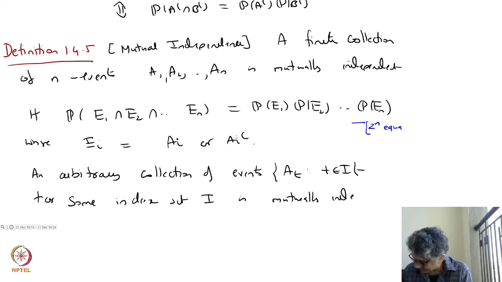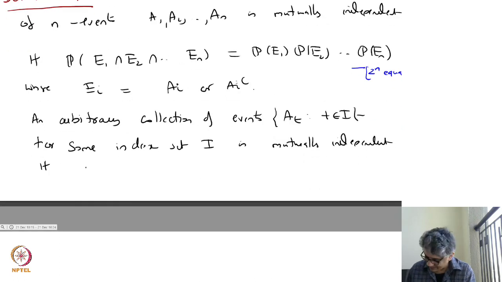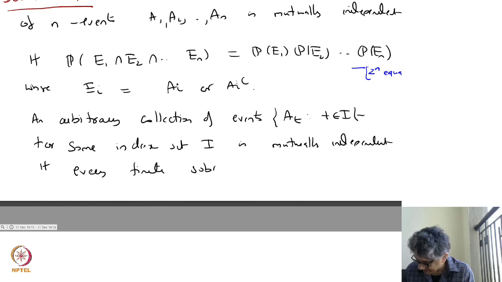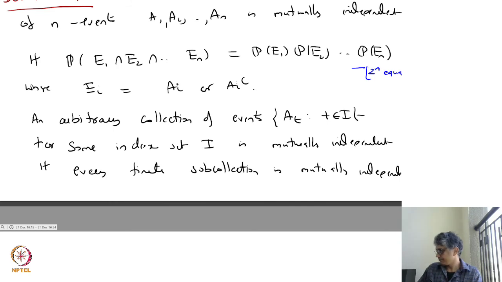So an arbitrary collection is independent if every finite subcollection is mutually independent. So let me just quickly recap independence for you.